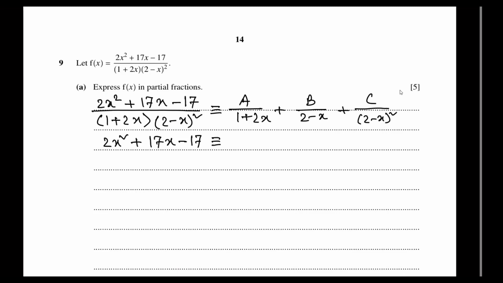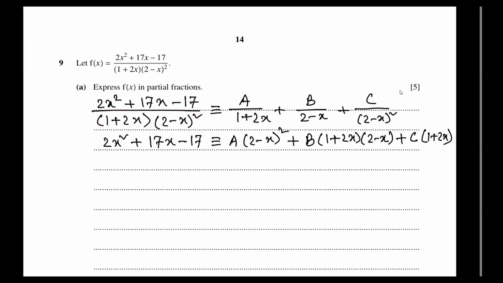While you are multiplying A by 1 plus 2x by the denominator, the 1 plus 2x cancels out, so with A, it remains 2 minus x whole square. And B, in case of B by 2 minus x, if you multiply it by that, you have B times 1 plus twice x into 2 minus x. In case of C, we'll have C times 1 plus 2x.